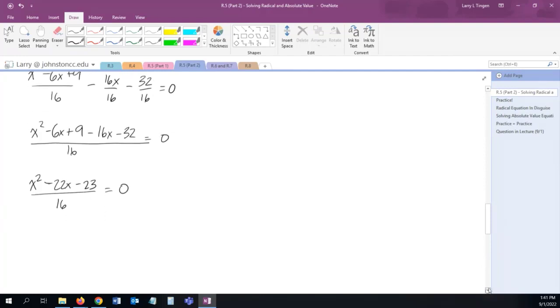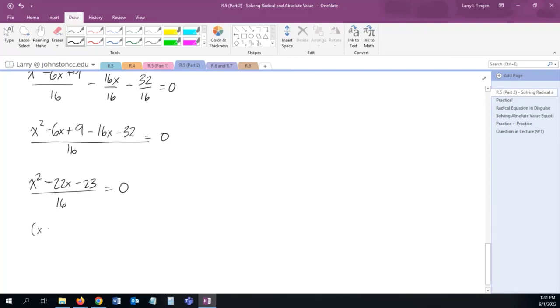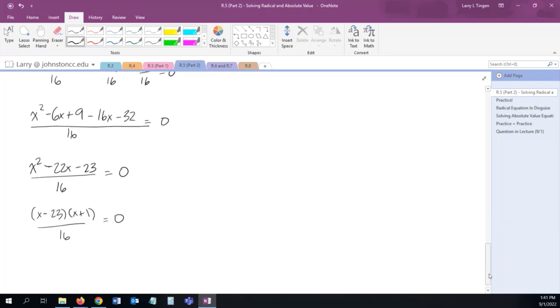All right. The numerator factors into two numbers that multiply to negative 23 and add to negative 22, that's negative 23 and 1. All right. Now, there are two ways to handle it from here.